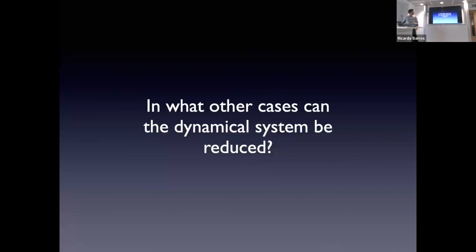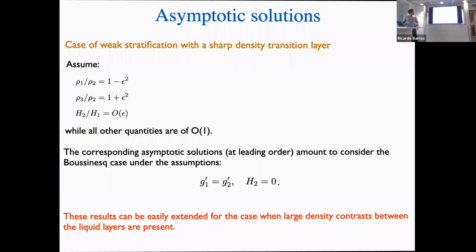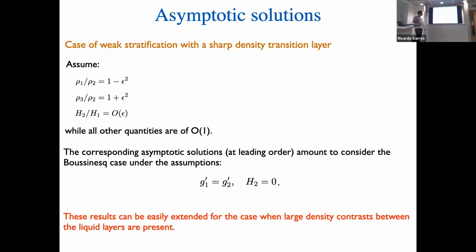So I presented two asymptotic limits in which I can do something, but are there any others? Another is when you have a very thin intermediate layer. Here I'm assuming a constant density increment across the layers, but I don't have to do that.